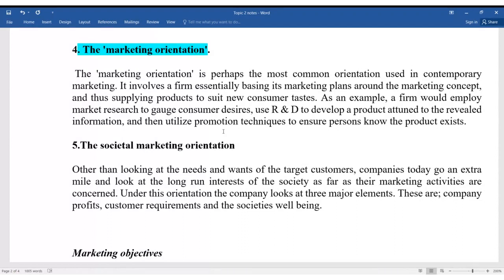So ordinarily, what are some of the roles of a marketer as far as this concept is concerned? One is to identify customers' needs. Secondly is to identify the target market.